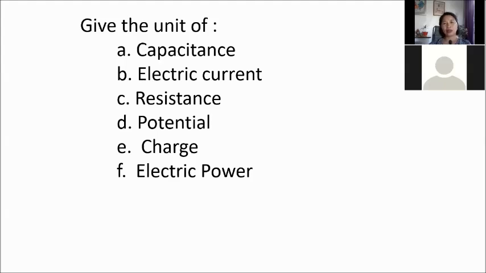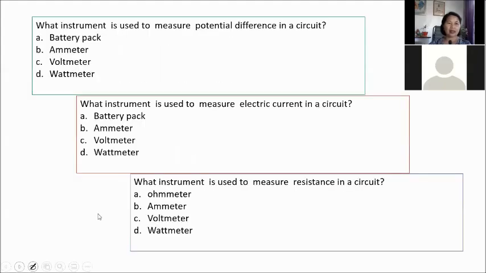Unit ng charge. Coulomb. Very good. Or capital C. What about electric power? Okay, that's it. Correct. Galing-galing ninyo, class. Okay, so we have another review question. What instrument is used to measure potential difference in a circuit?